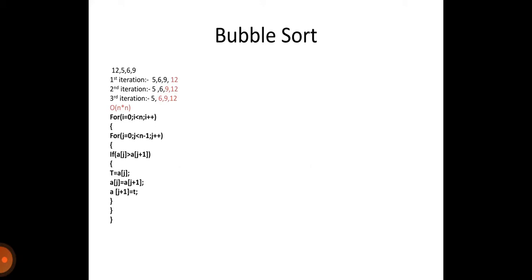If we have 4 elements, then we have 3 iterations, and each iteration has comparisons starting from the first index, that is the 0th index, to the last index of the given array. We compare the current element with the next element.